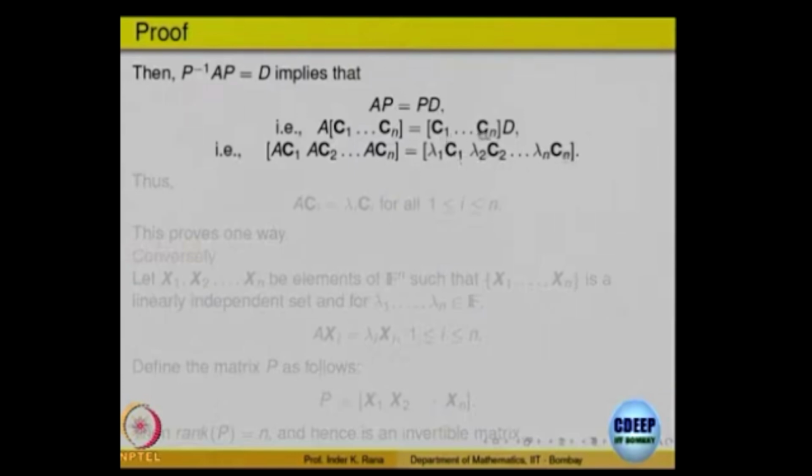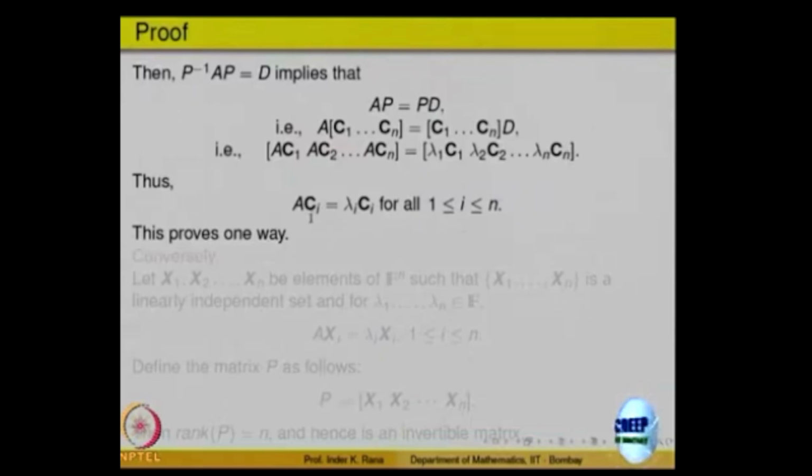So this is just matrix multiplication, nothing more than that. So this is equal to this, which means AC1 is equal to lambda 1 C1, AC2 is lambda 2 C2 and so on. In general, ACj is lambda j Cj, and that precisely says that lambda j is an eigenvalue with Cj as the eigenvector.